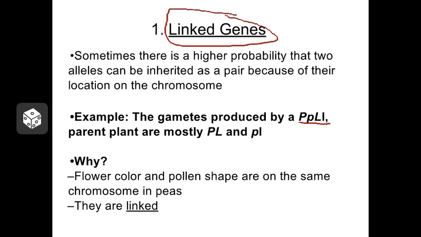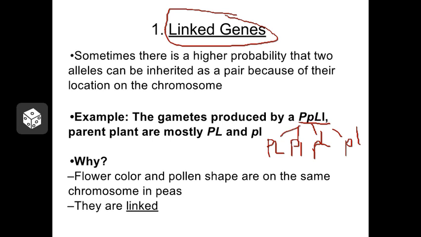Now, if we looked inside the pollen grains or the egg cells produced by this plant, we would expect to find 1/4 big P, big L, 1/4 big P, little l, 1/4 little p, big L, and 1/4 containing little p, little l, according to Mendel's rules.